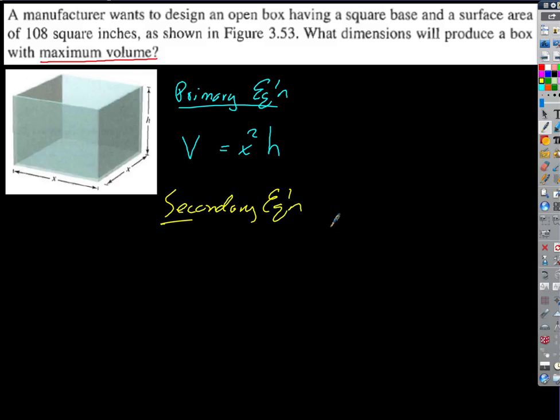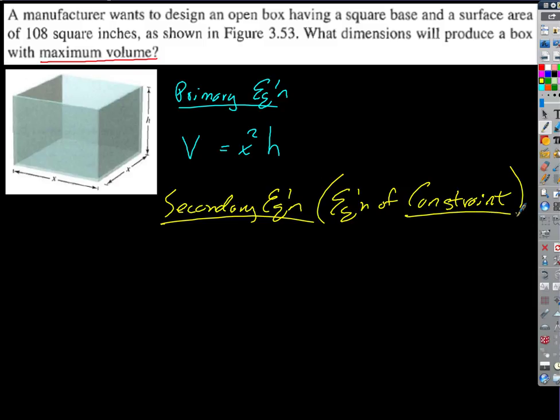So a lot of times the secondary equation is called the equation of constraint. What's a constraint? Like a limit, something that's limiting the scale of this box in this case, right?